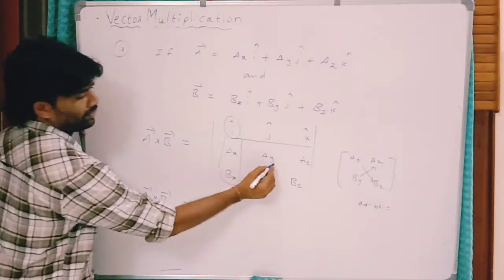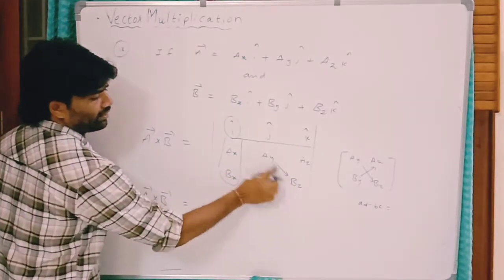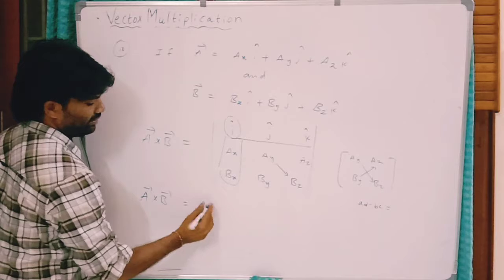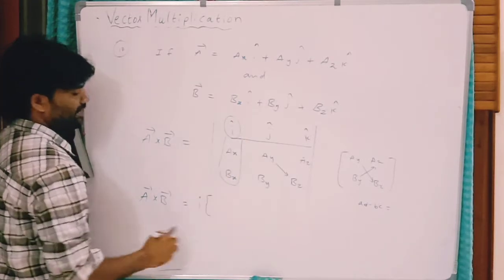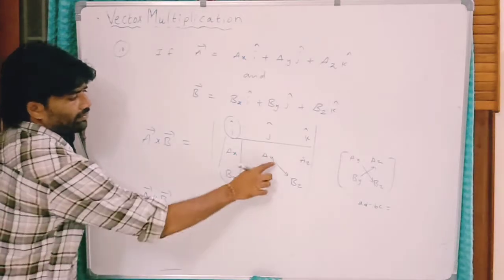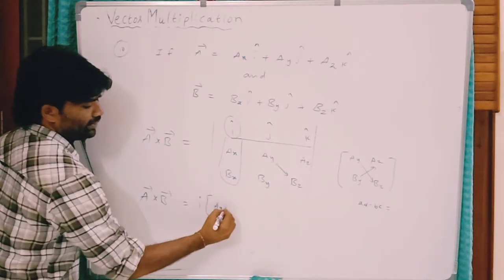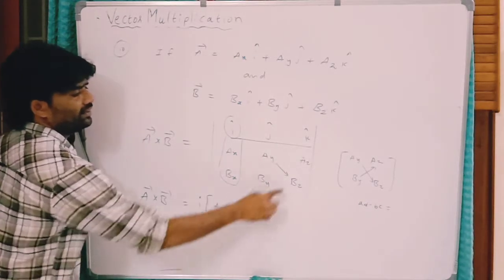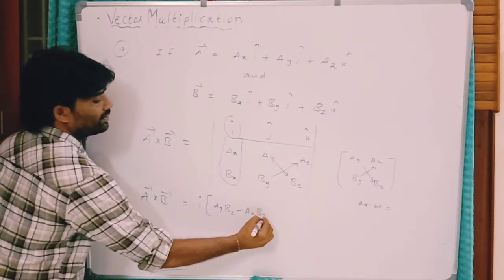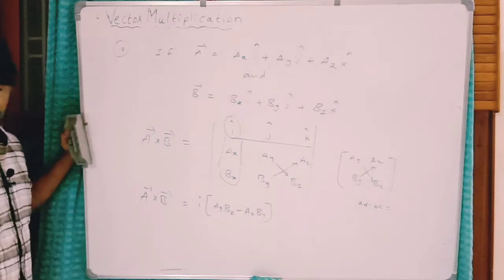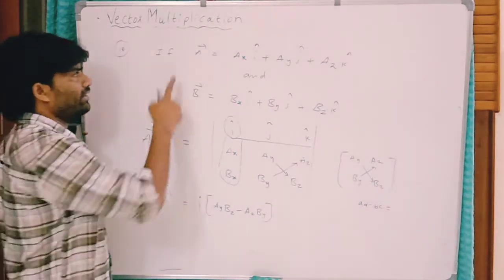So the i component of a cross b is ay bz minus az by. That's it.